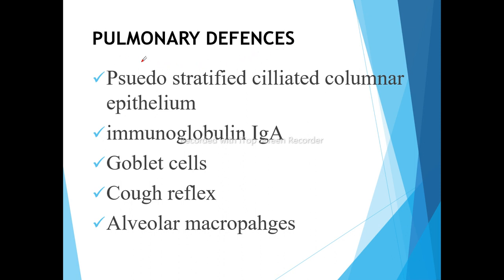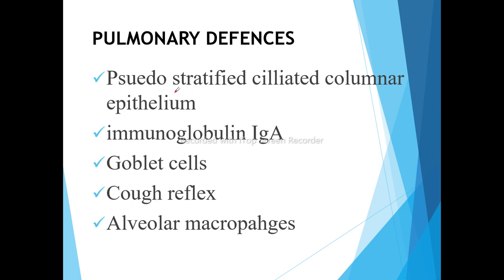Now, let's try to look at some of the pulmonary defenses. These are the first line defenses which protect the lungs. We have the pseudostratified ciliated columnar epithelium, which covers the upper respiratory tract.